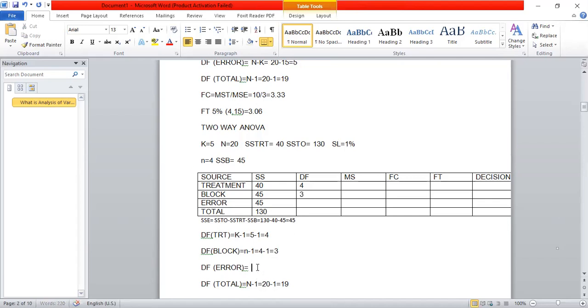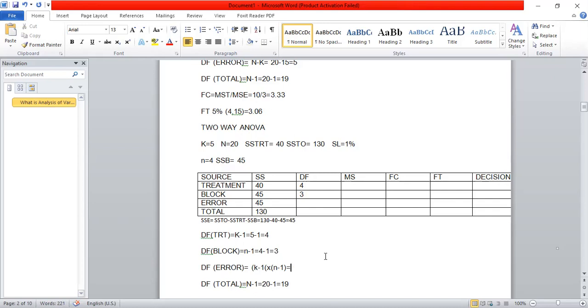Then the degree of freedom for the error. What were we told? Who remembers? It's K minus 1 times N minus 1. So the answer here times the answer there.